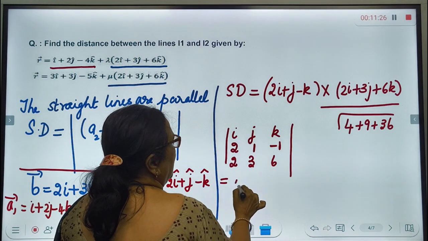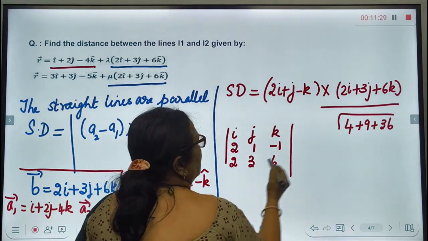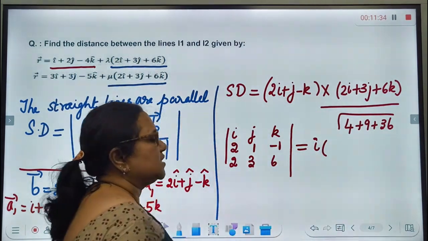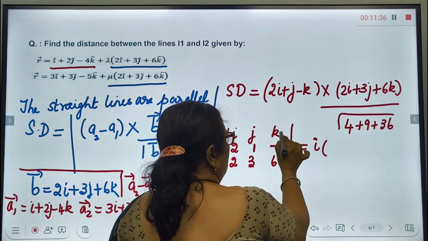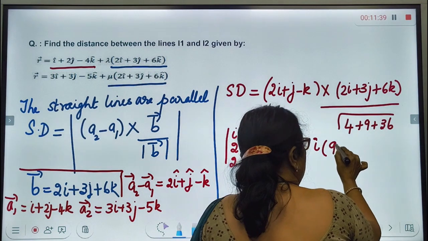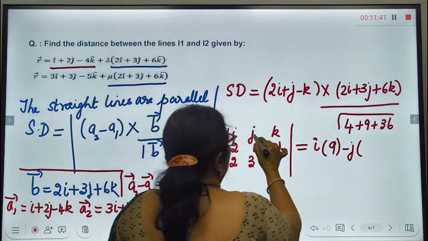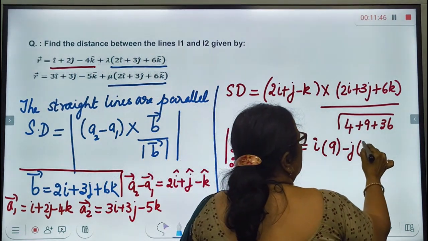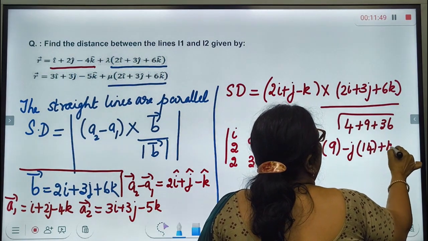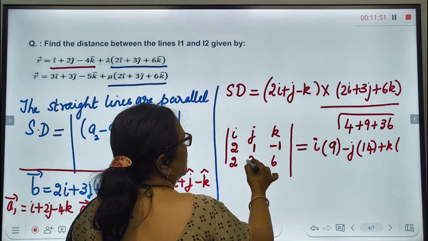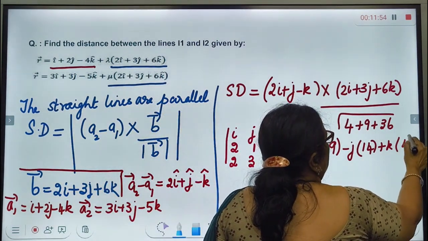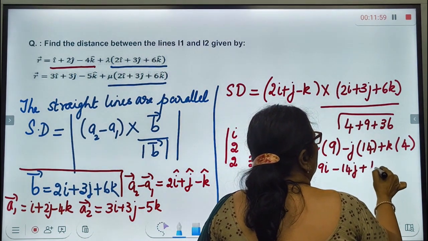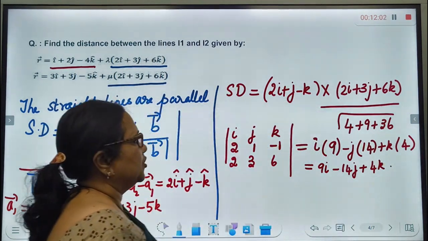Which is i into, leave out that column and row, you will get 6 minus of minus 3, which is 9. Minus j into, leave out that column and row, you will get 12 minus of minus 2, which is 14, plus k into, leave out that column and row, 6 minus 2, 4. So 9i minus 14j plus 4k is the cross product.